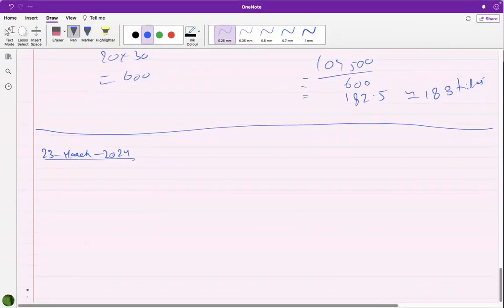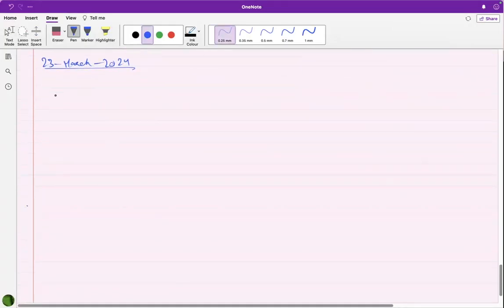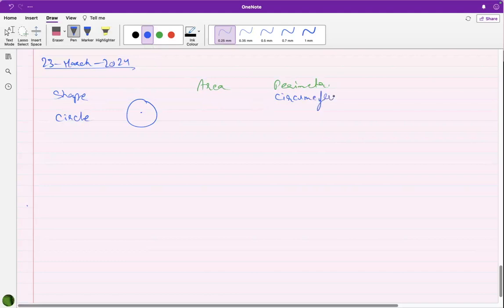Okay. So the shape is a circle, and it looks like this. Area and perimeter. The special name given to the circle's perimeter is circumference. It is one and the same thing, just different vocabulary.